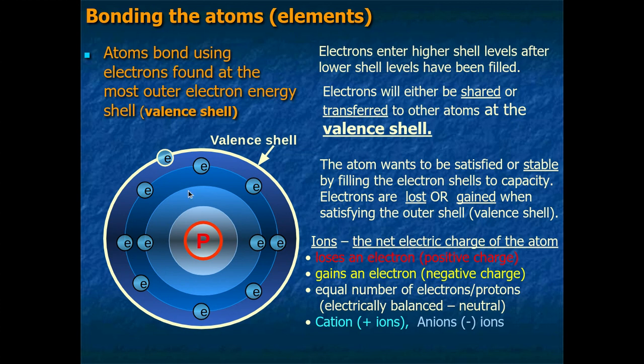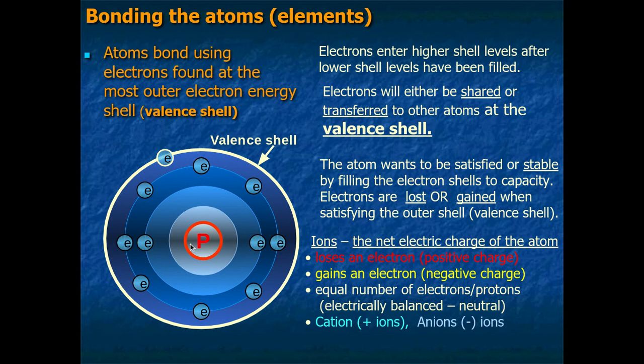However, if we move up to the valence shell, and let's say this electron is transferred or leaves the valence shell, then this particular species becomes more positive, because we still have 11 protons, but 10 electrons.